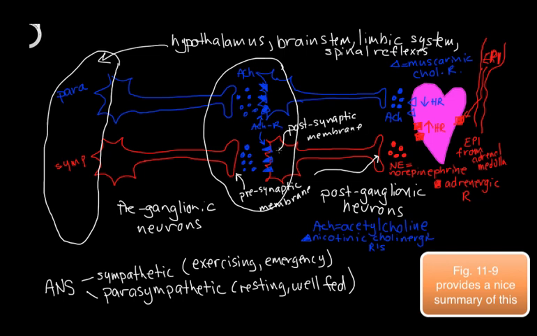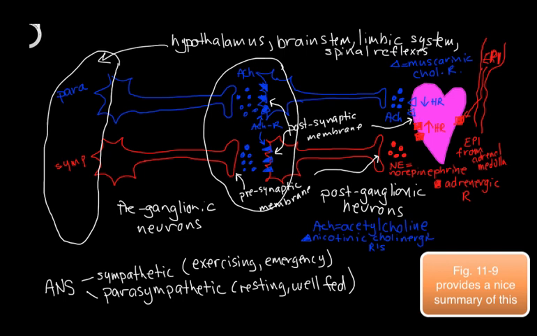So here is a postsynaptic membrane. Here is a postsynaptic membrane. And the target tissue here is the postsynaptic membrane at this synapse. So I'll put an arrow going to the heart. So that's also a postsynaptic membrane because it has receptors for the neurotransmitter.